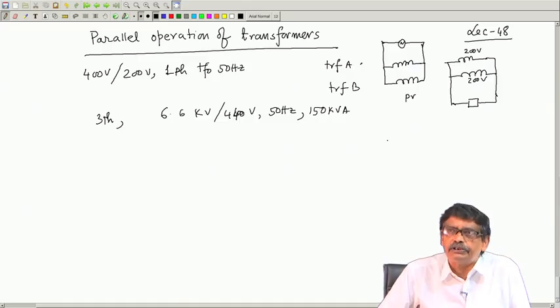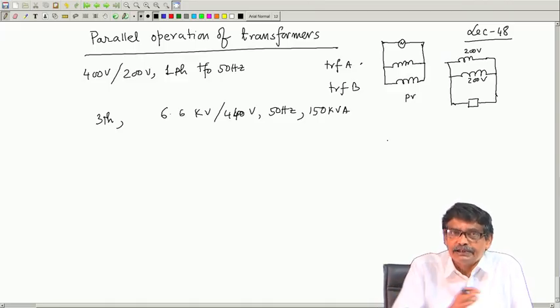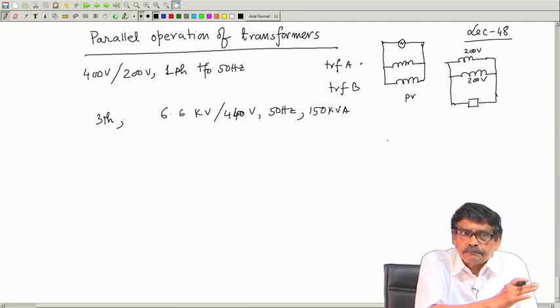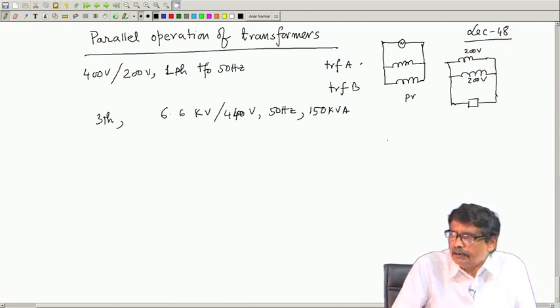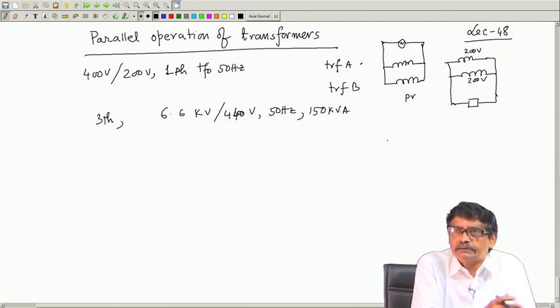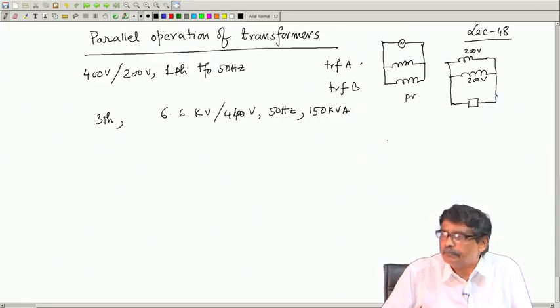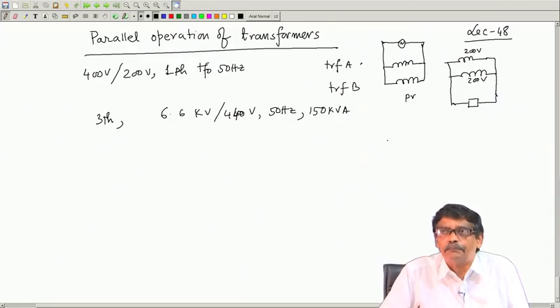The cost of each unit is small. In fact, if two or more transformers are operating in parallel, you can keep one transformer ready, not in use, as a backup.